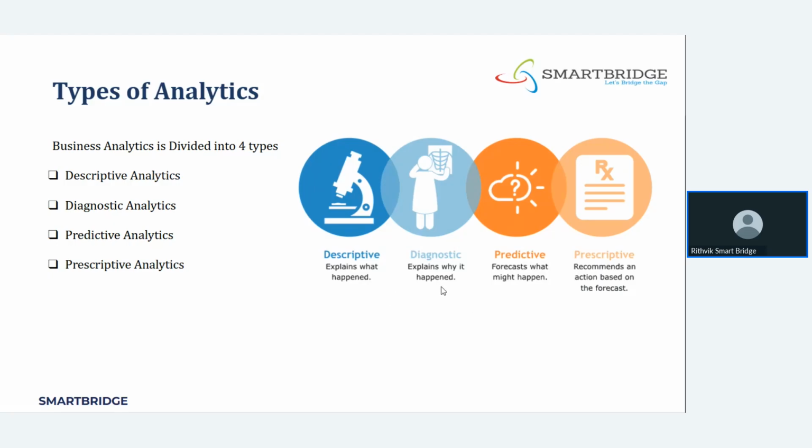And diagnostic: why are these 50% of students getting 10 points? Then we have understood that most of the lecturers are conducting quizzes, and that way 50% of the students are getting the 10 points.